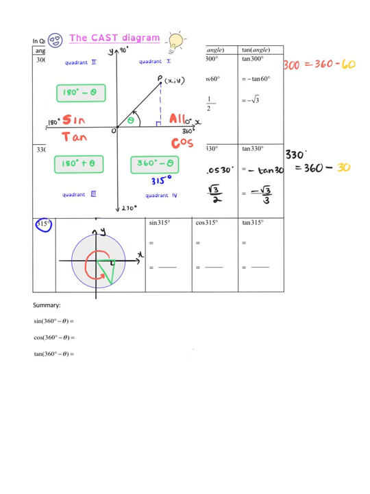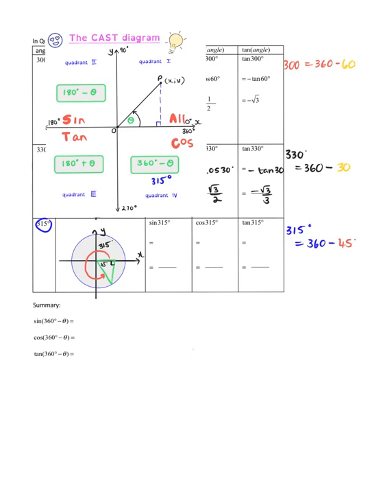So 315 can be written as 360 minus what? So you should be saying, well, 360 minus 45 is equivalent to 315. So let's fill that in our sketch. So this is now 315, and the little equivalent angle we found inside the right angle triangle is 45.